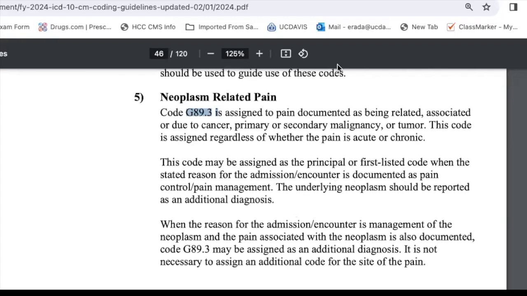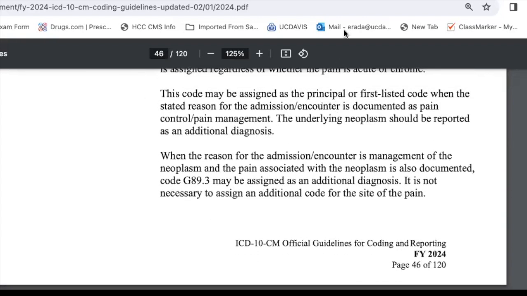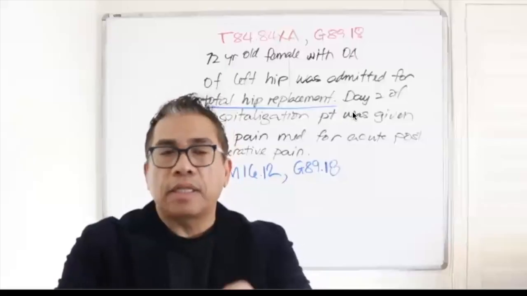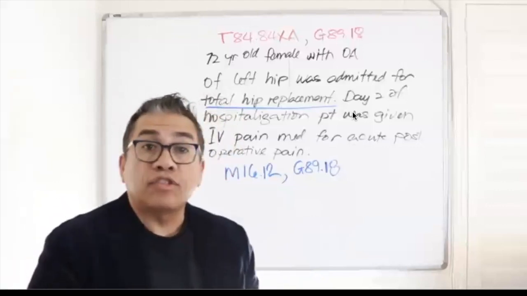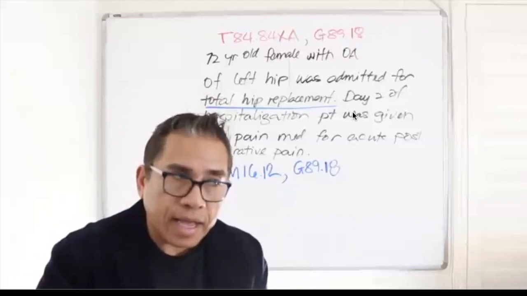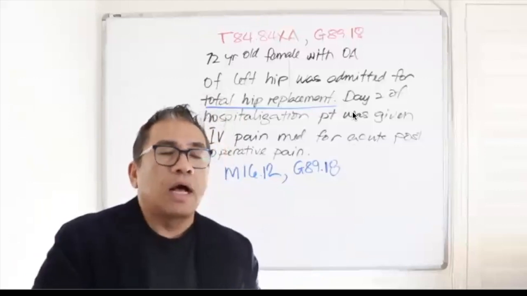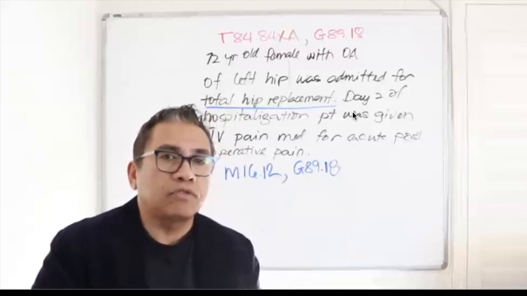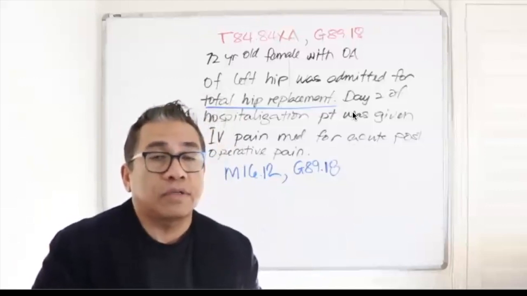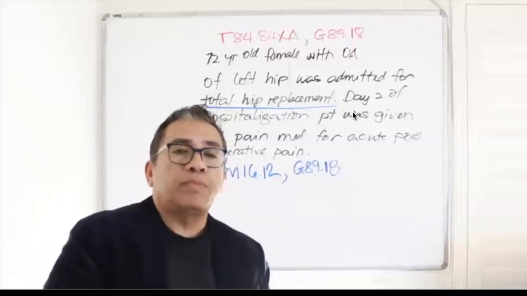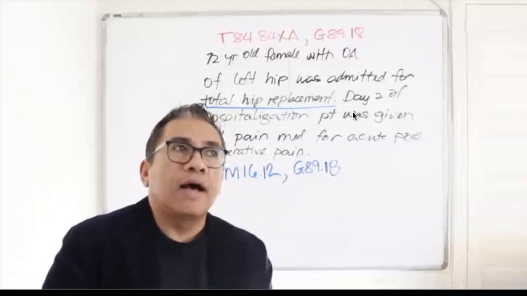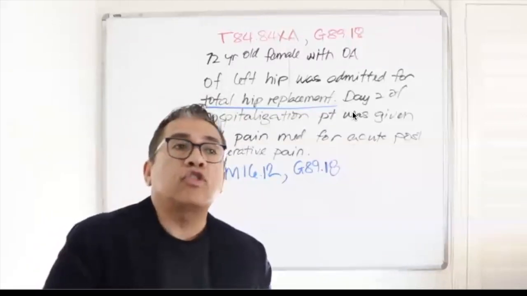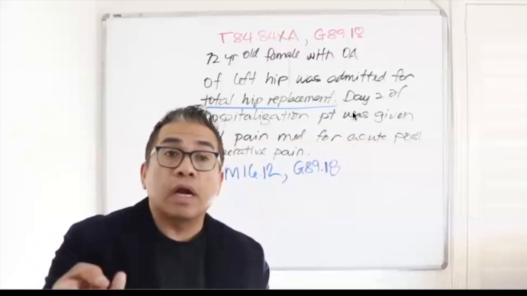I think I talked about this very briefly, guys, that the specific code for pain associated with neoplasm is G89.3. Okay, remember that. Multiple times I heard from people who took the test that they encountered this code. Any neoplasm-related pain should be assigned the G89.3 code, regardless of the sequencing.